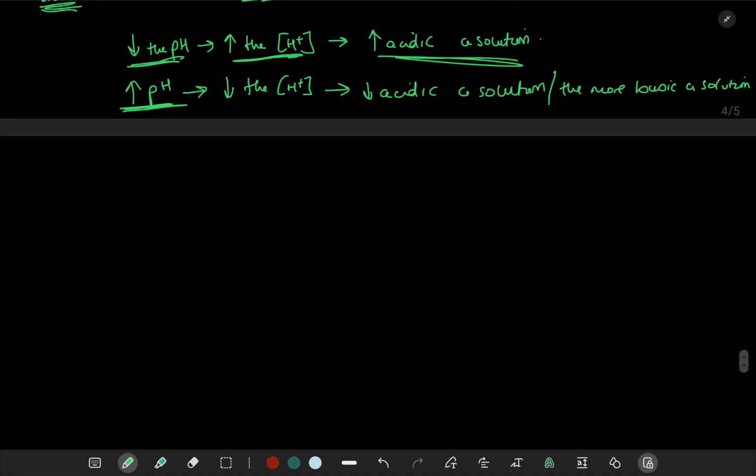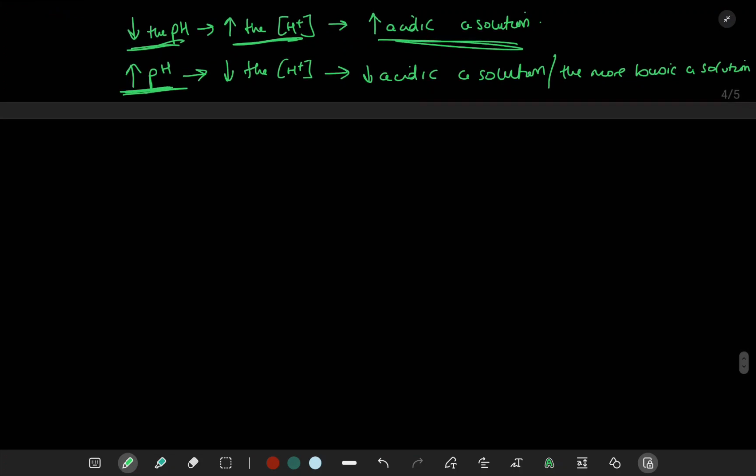Something that's very important to note, which sounds pretty counterintuitive, is that a 1 point change in pH is actually equal to a 10x change in hydrogen ion concentration. So let's look at an example.